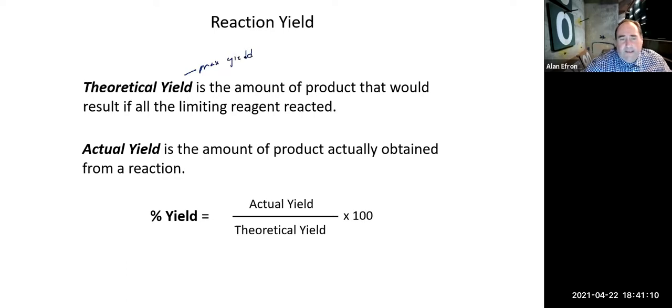And that is the one that is based off of the actual chemical equation or reaction and stoichiometry. So like the calculations we were just doing when we figured out 234 grams of aluminum oxide would be produced. That's our theoretical yield.